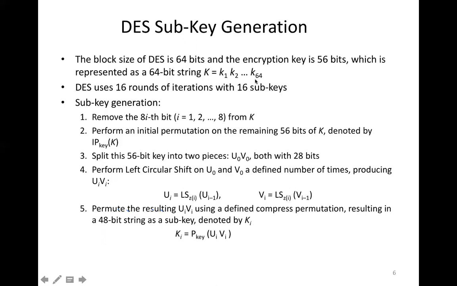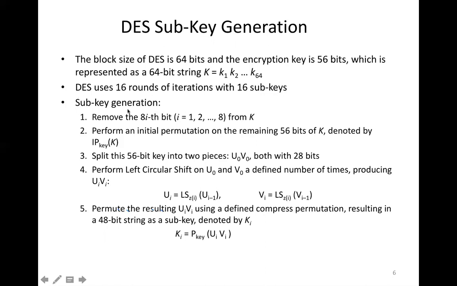The only difference here is that some of the bits are not used to generate subkeys. The number of rounds of DES is 16, which means that we let n be 16 in the Feistel cipher scheme. So then we need 16 round subkeys.